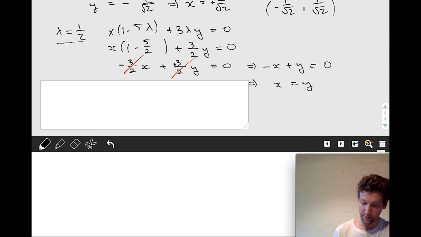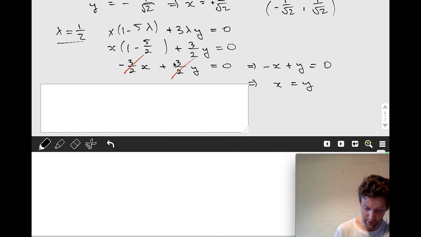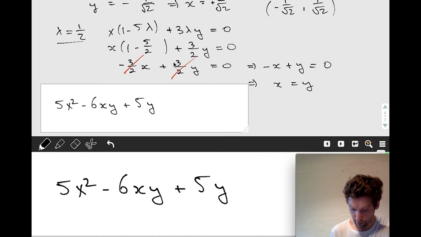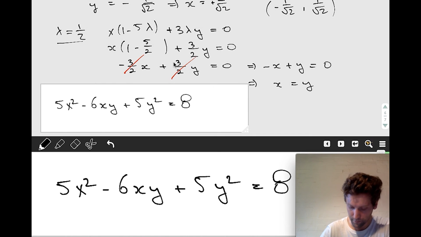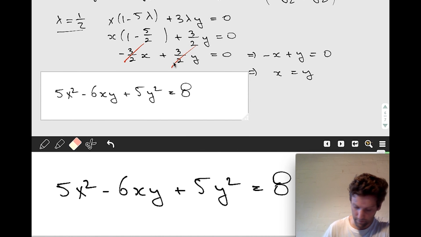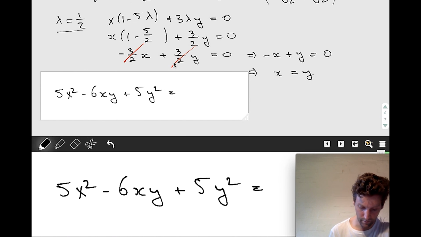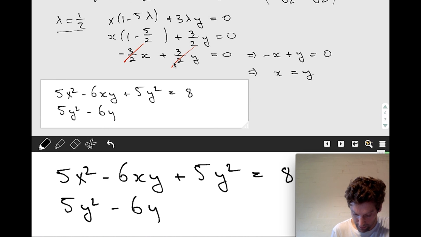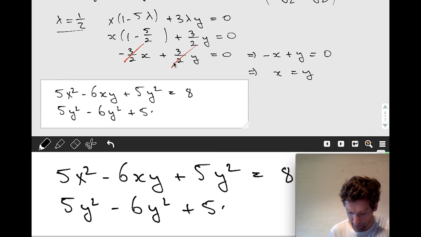So let's again substitute that straight into our constraint. The constraint was 5x squared minus 6xy plus 5y squared was equal to 8. And we've just seen that x is equal to y, so I get 5y squared minus 6y squared plus 5y squared.